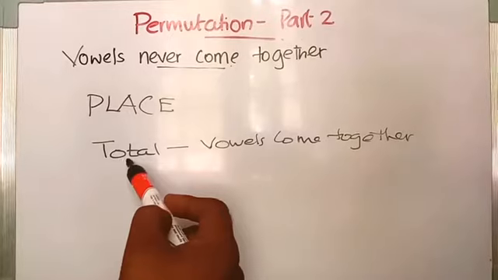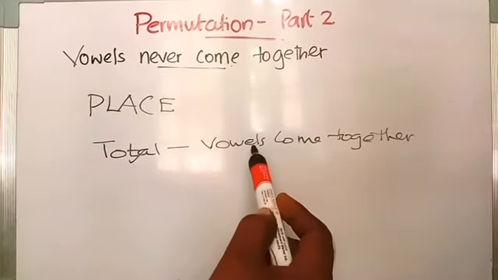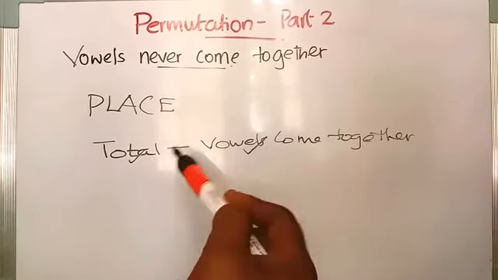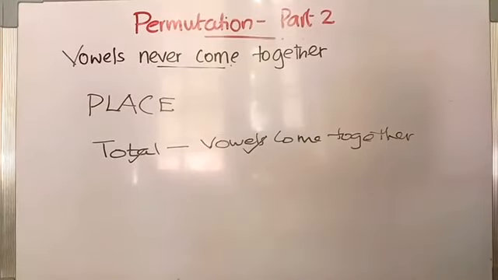You know how to find the total arrangement, and we have now learned how to find the arrangement of vowels coming together. If you delete these two, we get the answer for vowels never come together.